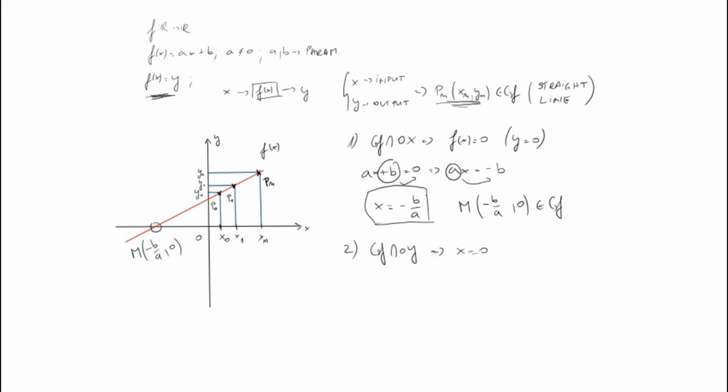So if x equals 0, that means that we put 0 instead of x into f of x, which means f of 0 will be a times 0 plus b, which is b. So the point, let's call it n, of coordinates 0 and b is part of gf, and this is here. Okay, so this is n, 0 and b.